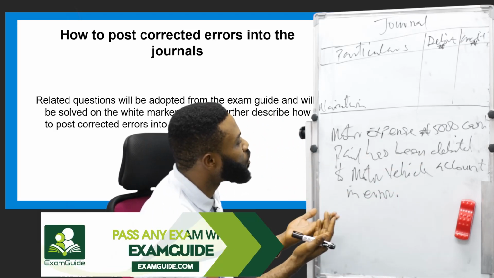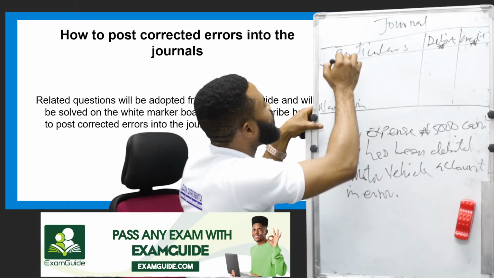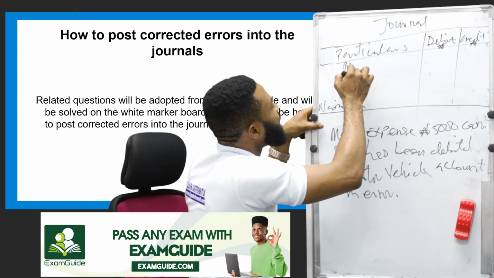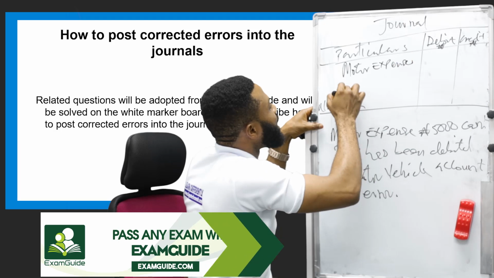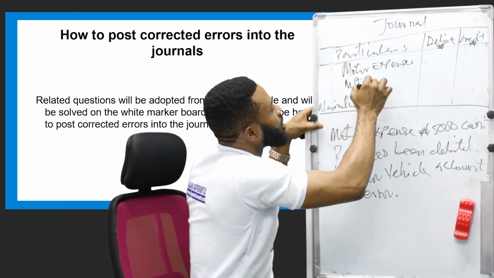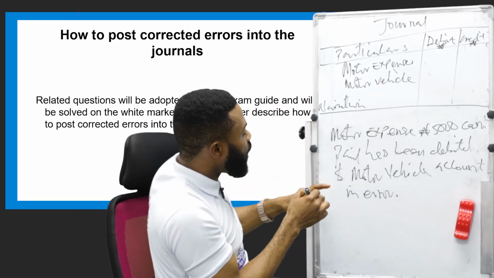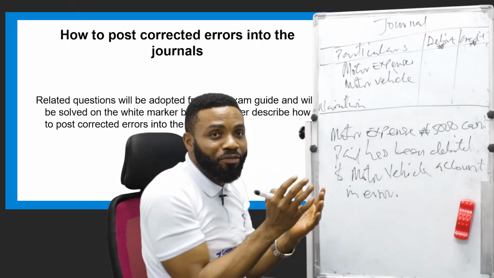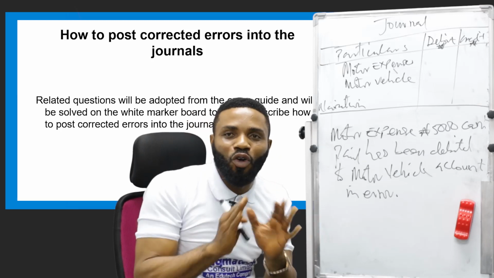So what will you do? You are now going to bring these two together. The transaction is going to be between motor expenses and motor vehicle. You are going to correct the error. I said from the beginning that we don't mutilate, we don't cancel.